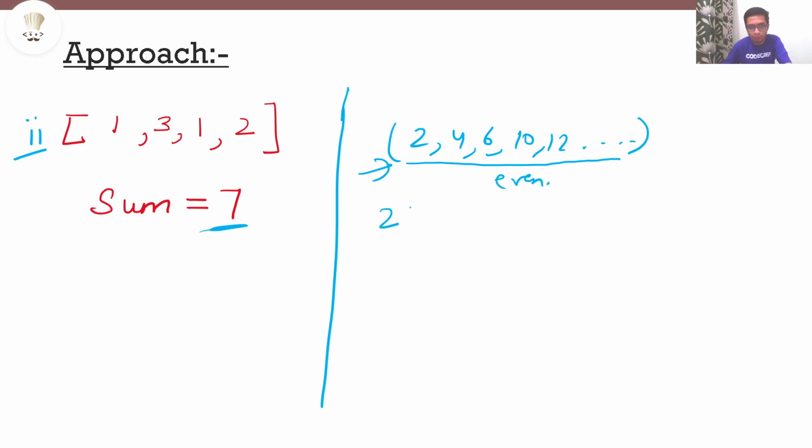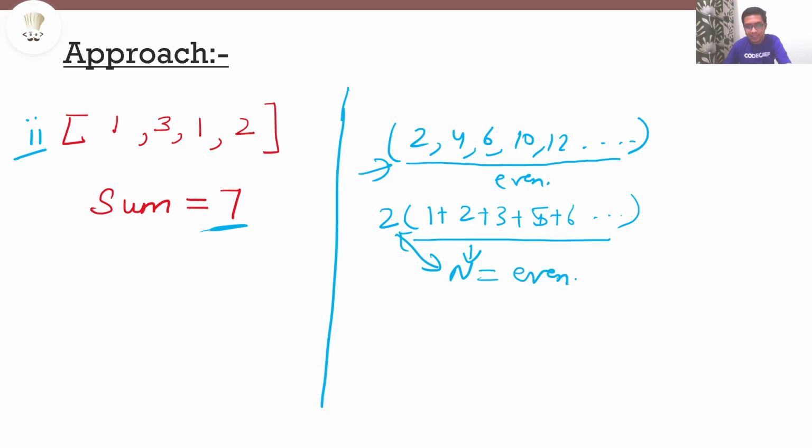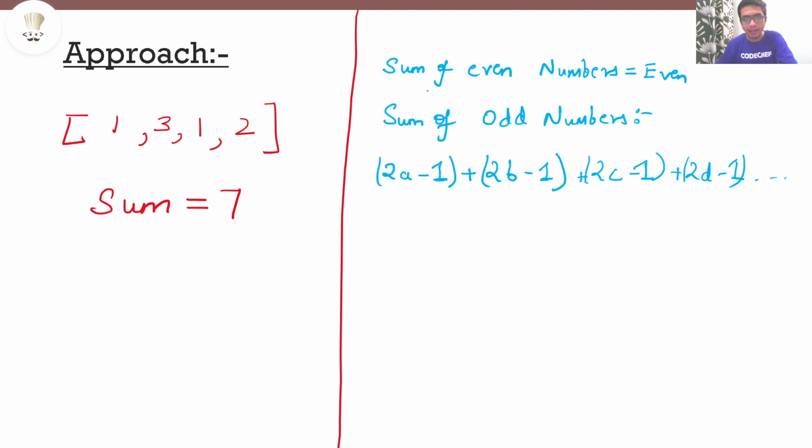That is, if I take 2 common over here, then I'll get 1 plus 2 plus 3 plus 4 plus 5 plus 6, etc. So you can see that we will get a natural number over here, and if I multiply a natural number by 2, then I'll always get an even number. So which means that the sum of even numbers is always even.